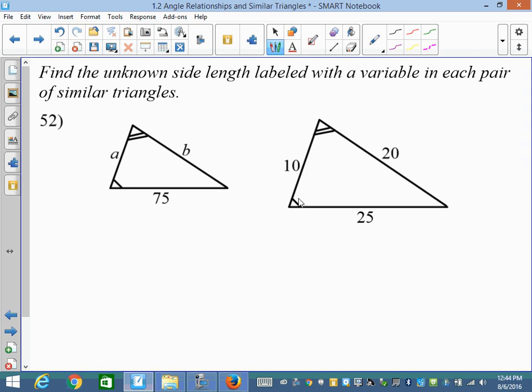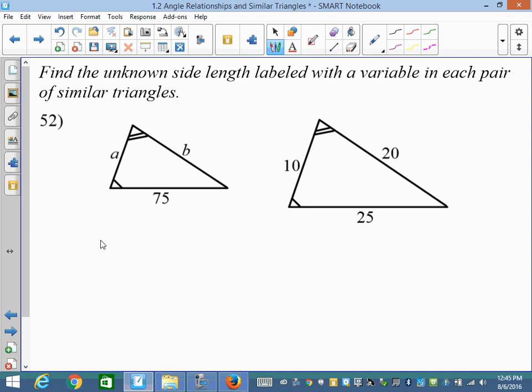These are not to scale. Look at this one, or even this one here, there's the double angle, the single, double, single, which means this side corresponds to this side. But obviously this number is larger than this one. So we're going to go with, they're not to scale.